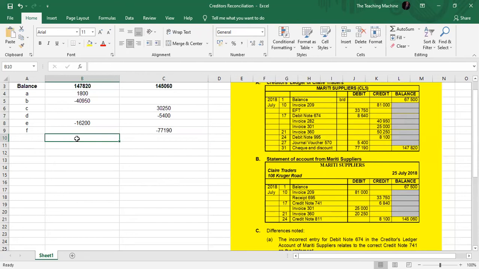Please, Natasha, help me calculate the totals from both sides. Let's start with the debit side.